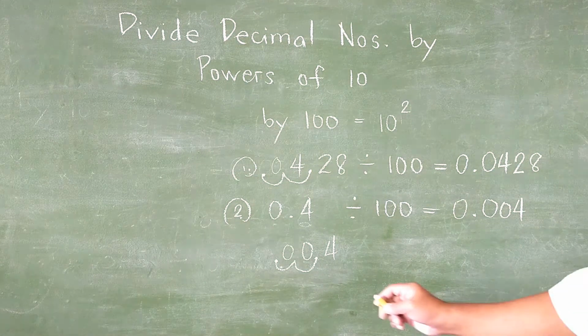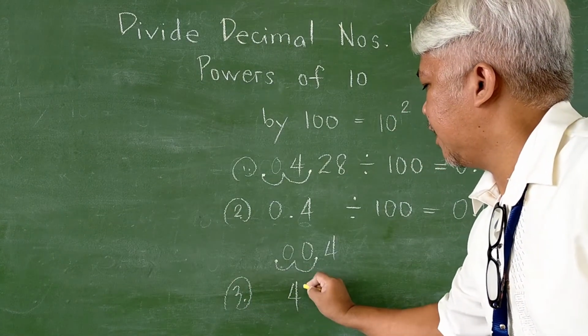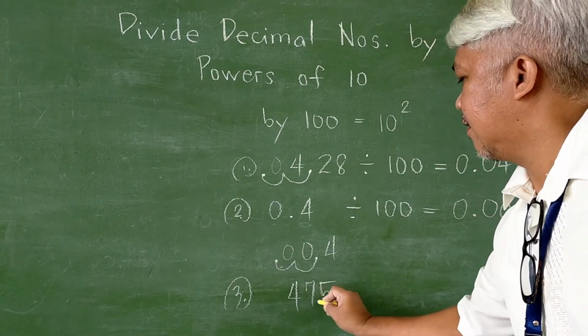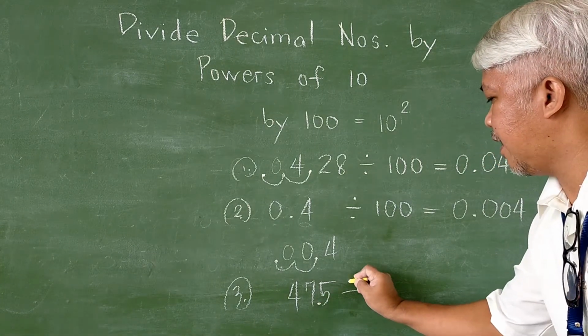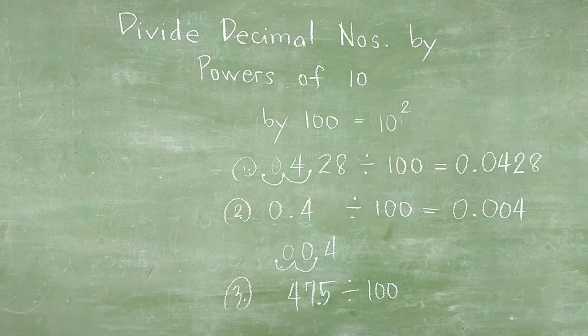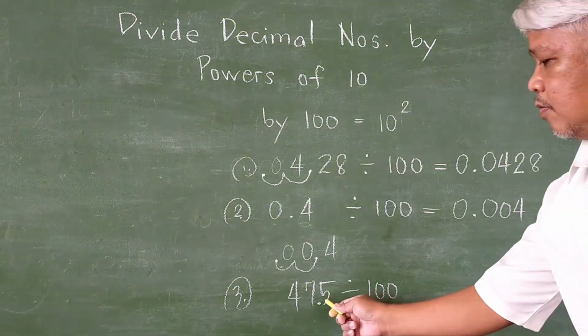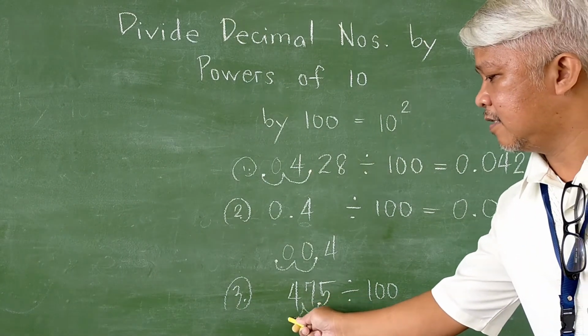Ayos? Next, last example. Let's say 47.5. Okay? Divided by 100. What is the quotient? So, move this point 2 places to the left. 1, 2.